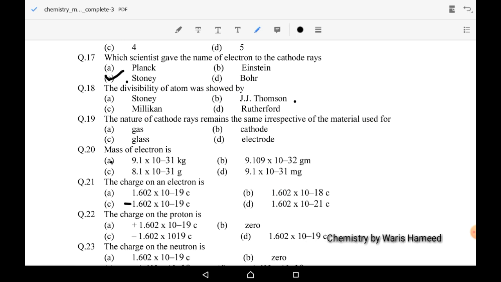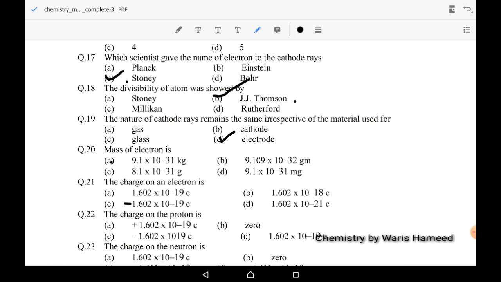The divisibility of atom was shown by J.J. Thomson. The nature of cathode rays remains the same irrespective of the material used for electrode. Actually, these are electrons, so their nature will remain the same.